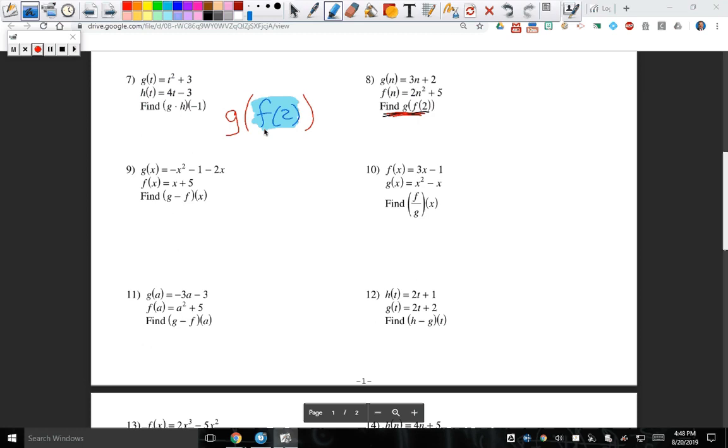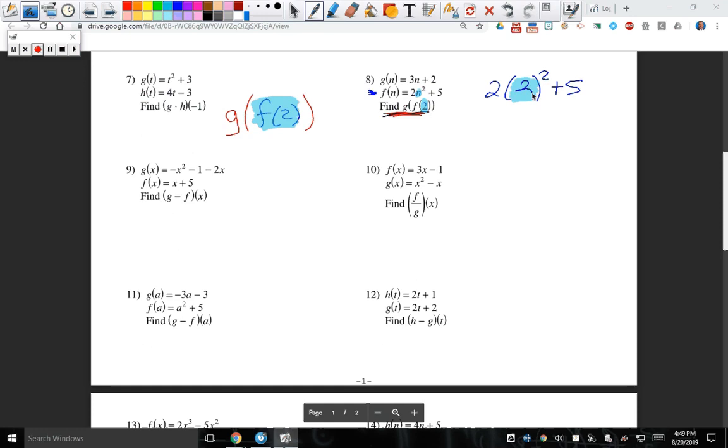So let's set up our f that we're going to use as 2 parentheses squared plus 5. Now this is very important. This is different than the other 3 examples we just did, numbers 1, 2, and 4. This is different. We're going to plug this 2 into f first.